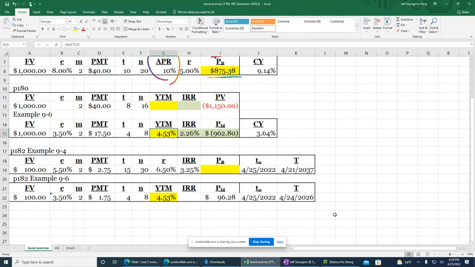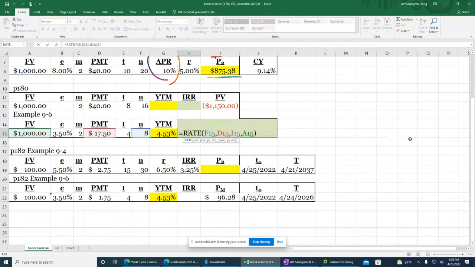Can you just go over them again? This one? Yeah. It's the rate command, right? So if you click on this and select it, the dialog box will open up, and then you enter exactly what it is asking for. N, right? You enter N. Payment, enter payment. Present value, enter present value.